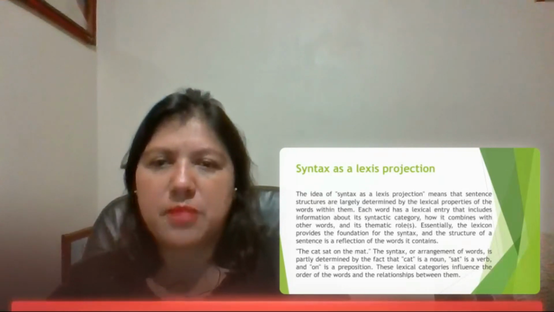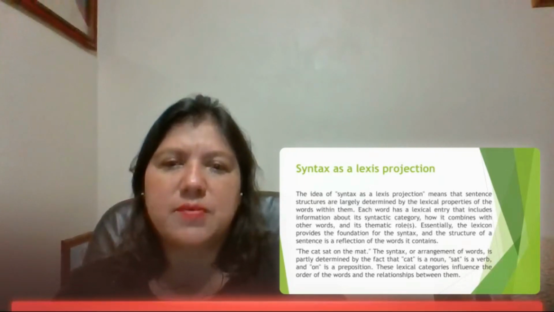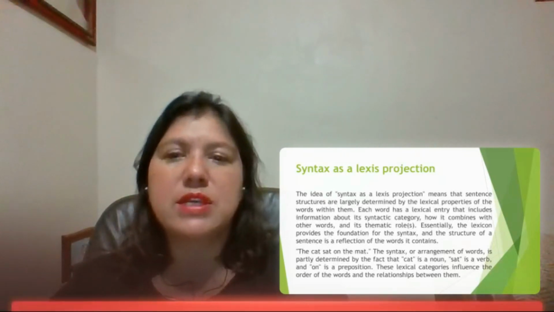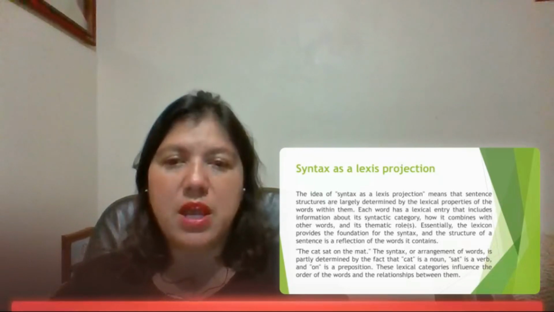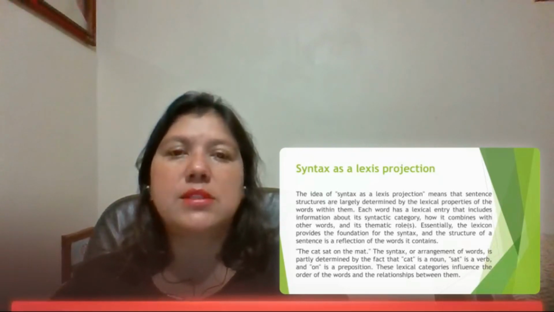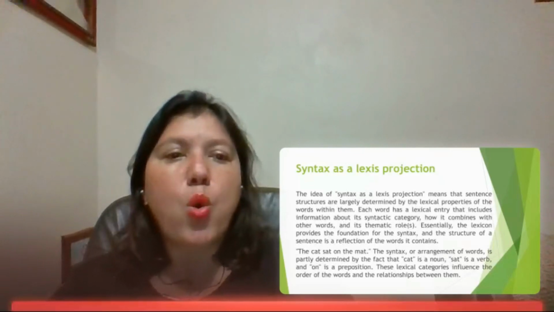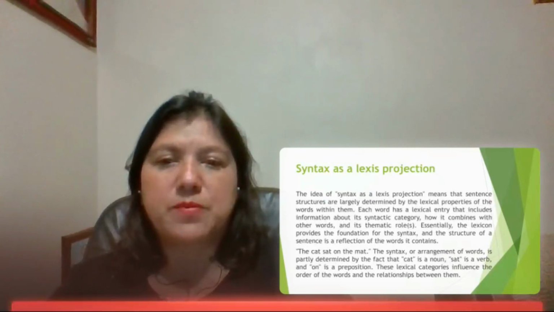I have an example here. Consider this sentence: The cat sat on the mat. The syntax or arrangement of words is partly determined by the fact that cat is a noun, sat is a verb, and on is a preposition.